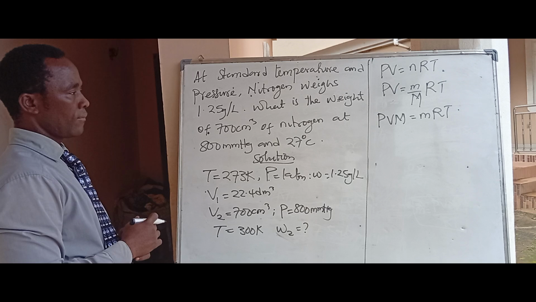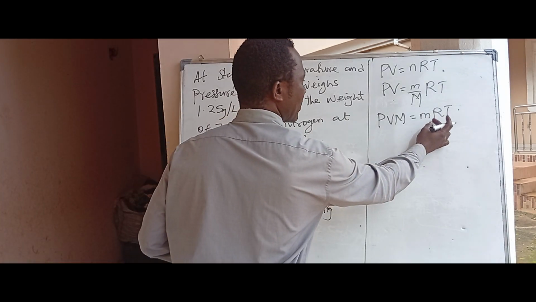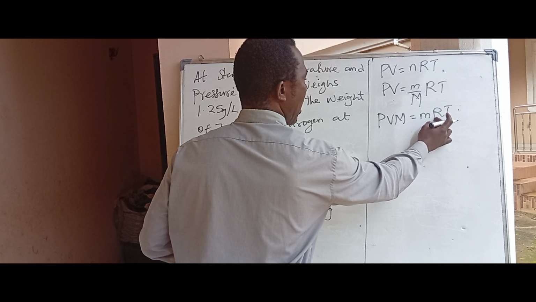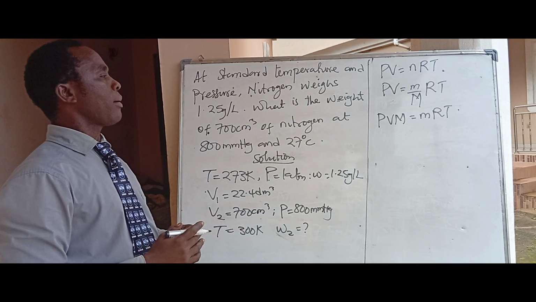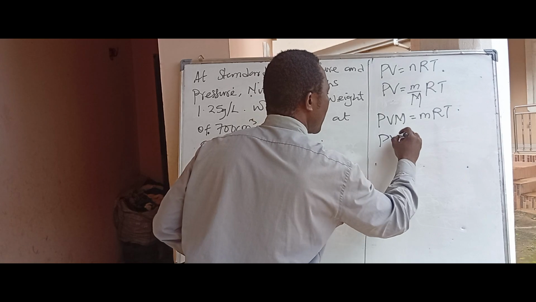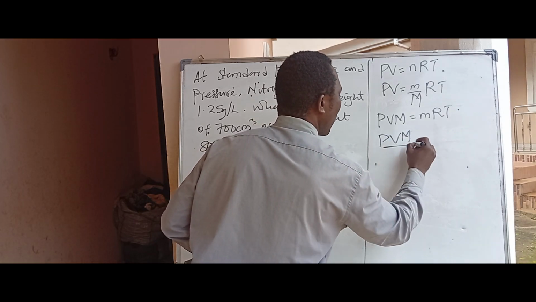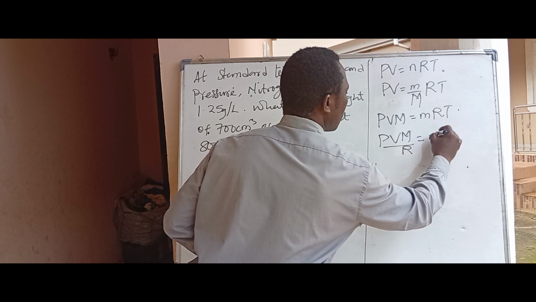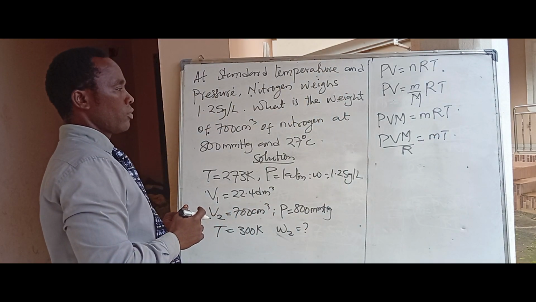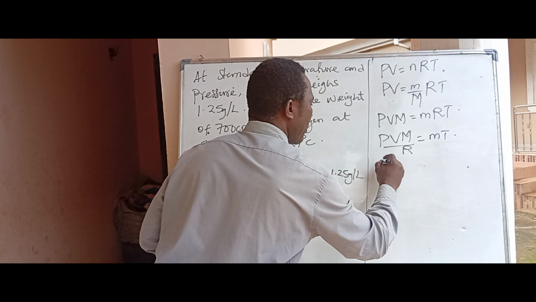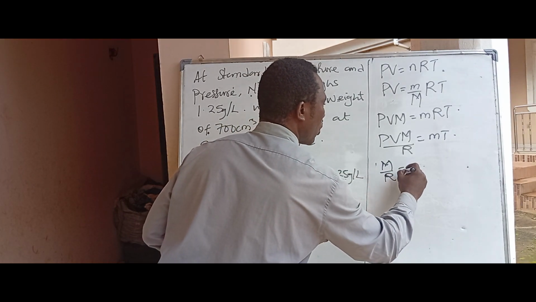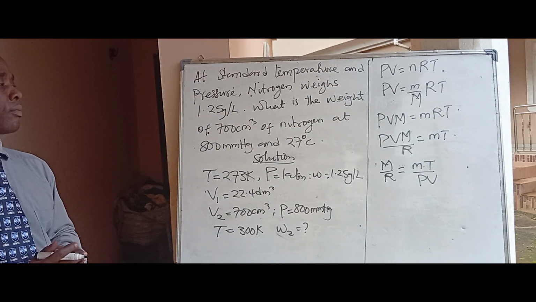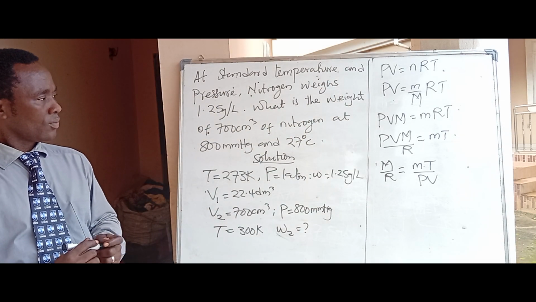Now, let us divide both sides by R. We will have PVM over R is equal to mT. Then that means that M over R is equal to mT over PV.